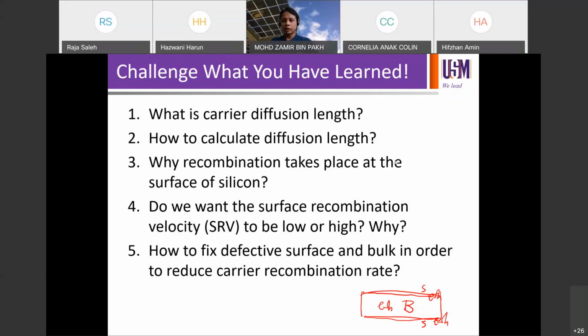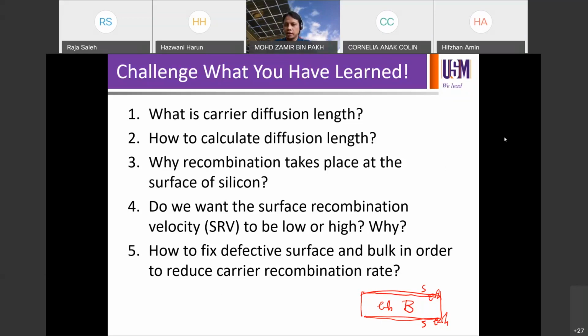So how do we fix that? What is the process name that we have to do in order to fix both defects, in order to suppress recombination rates of both processes? What's the process name? Anyone? Right? Okay, good.